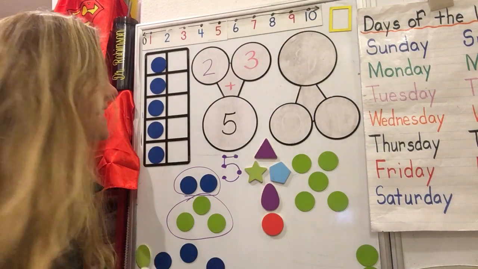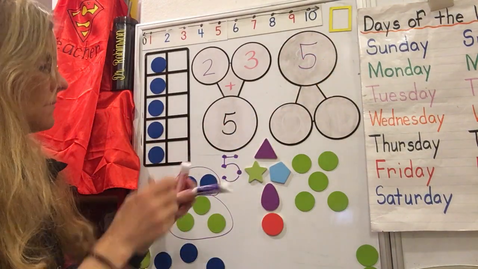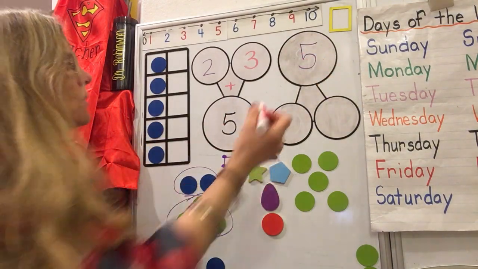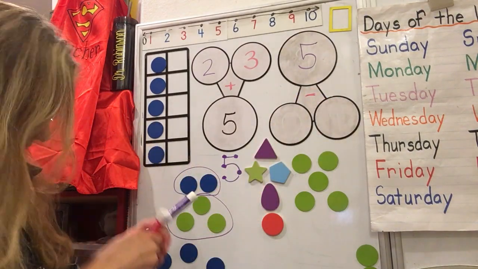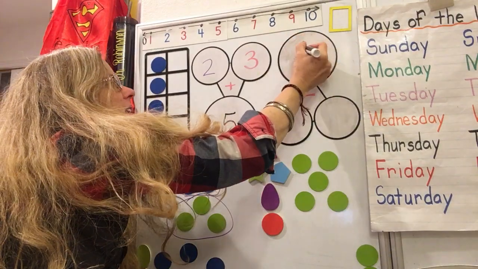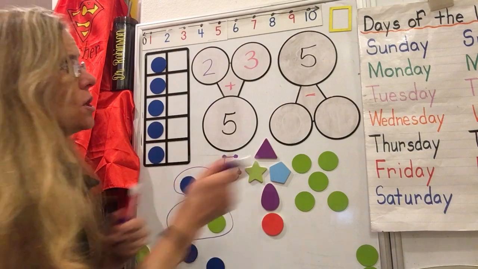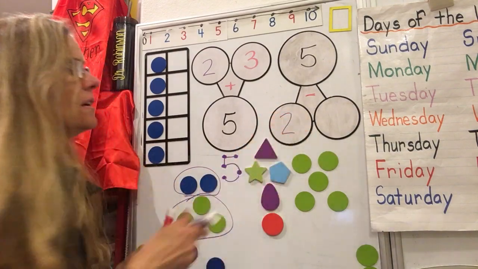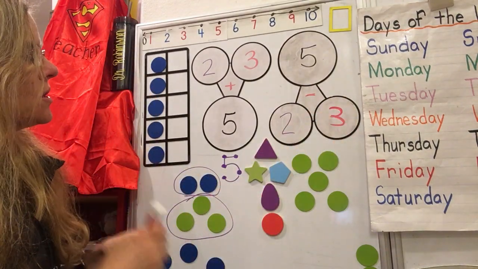And how do we see 5 if we break it apart? Say this is subtraction. We see 5. I think I'm going to make it black like I did over here. We see 5 as 2 and 3 more.